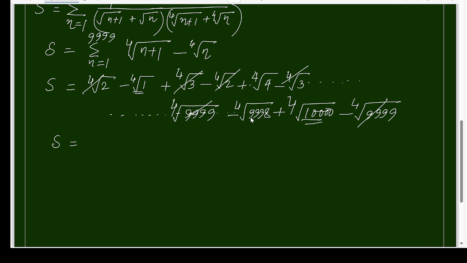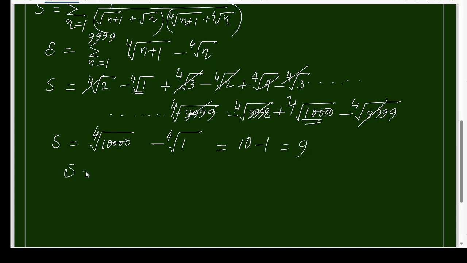All others will be cancelled. So ultimately the final result will be fourth root of 10,000 minus fourth root of 1. We know that the fourth root of 10,000 is 10, so 10 minus 1. So the answer is 9.